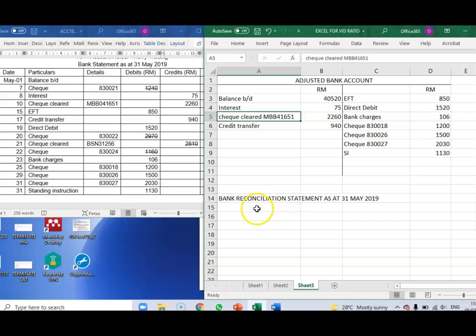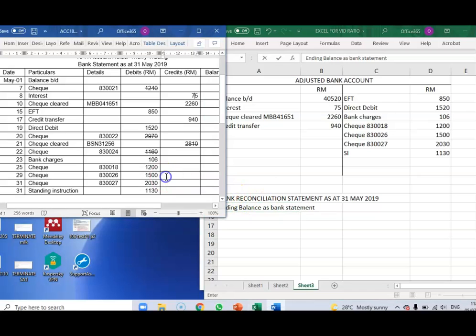The bank reconciliation statement starts with the ending balance, or the closing balance, of the bank statement.